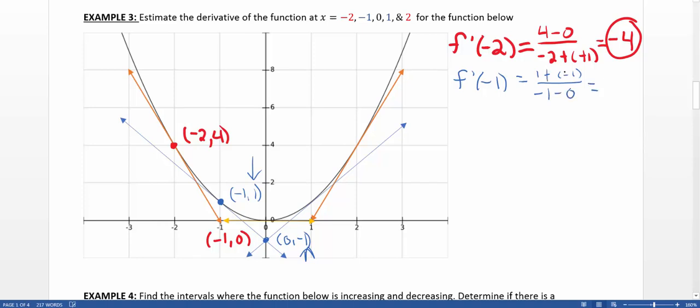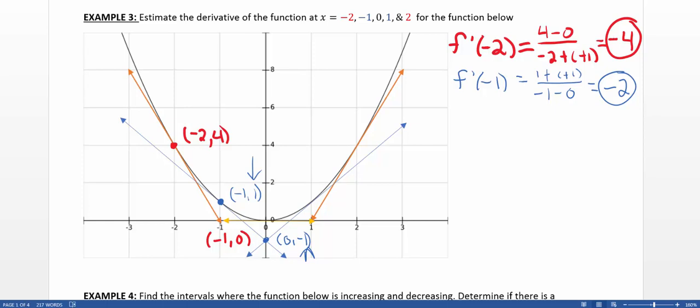So on the top, the minus and the negative cancel, giving me 2. And on the bottom, I just have -1. 2 divided by -1 is -2. So the slope of my tangent line at -1, or the instantaneous rate of change at -1, is -2.